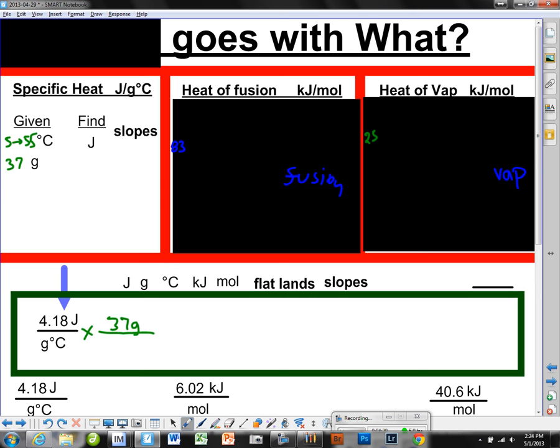And on the bottom we have? 1. 1 because this is not a ratio. That's important as all get up. Notice with the ratio, you have more than one unit of measure. You have joules and degrees centigrade. Here, the grams are all by themselves.